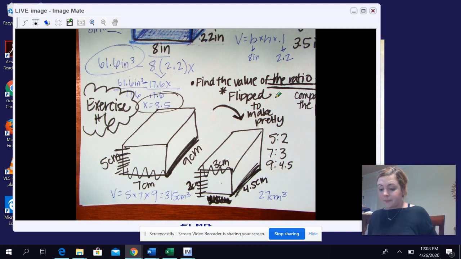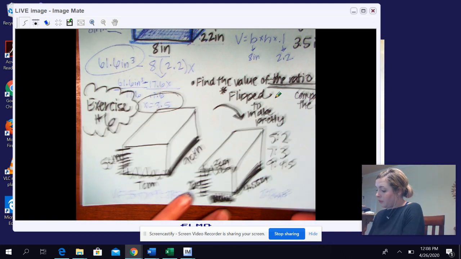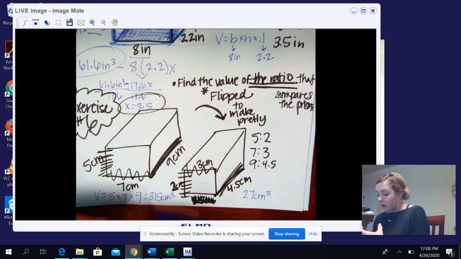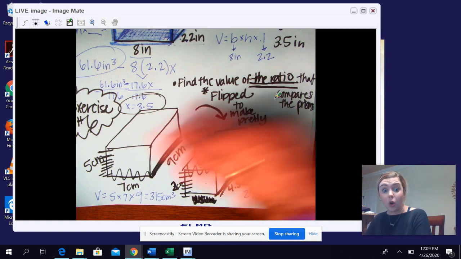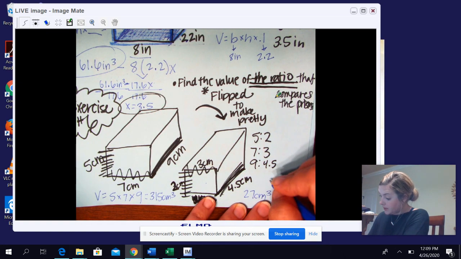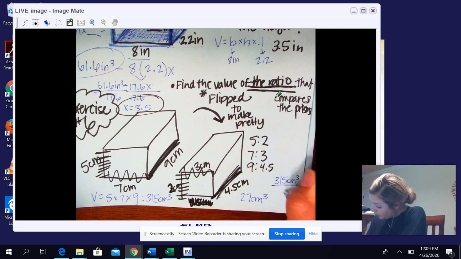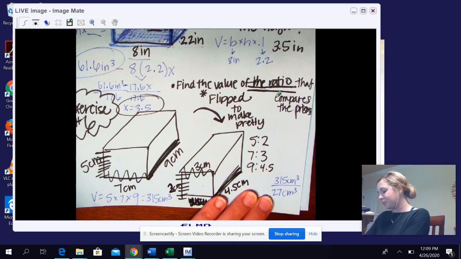So very simply, this ratio of the two volumes is basically like asking, at what rate are they changing in size? We could say that the ratio would be 315 centimeters cubed over 27 centimeters cubed.